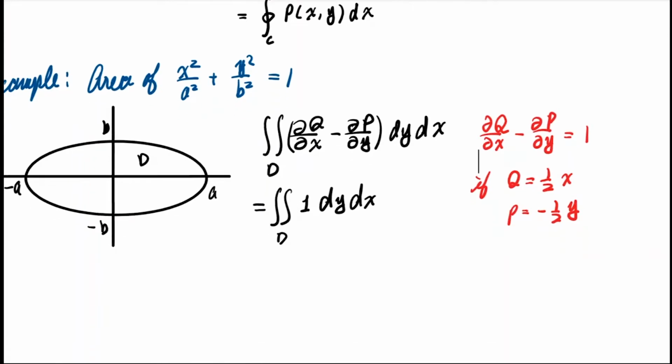Okay, then we convert this using the Green's theorem, right? And then p dx plus q dy, which is the content of our Green's theorem, okay?